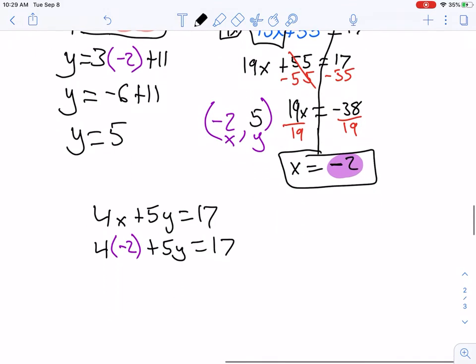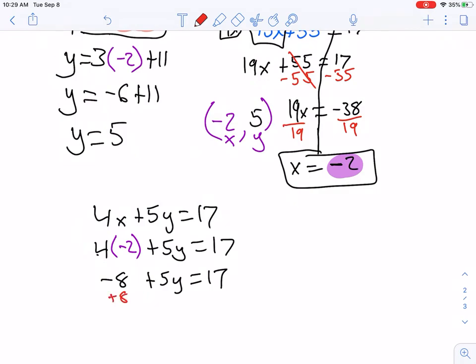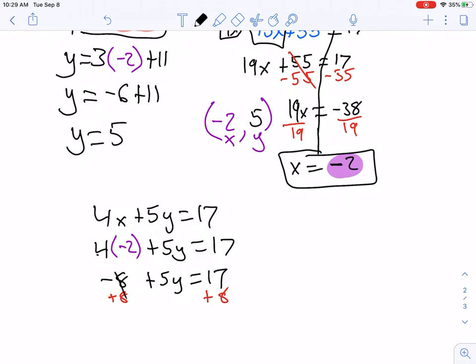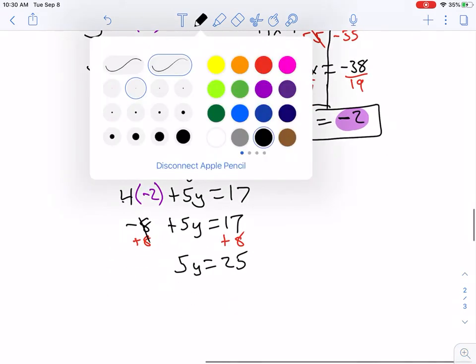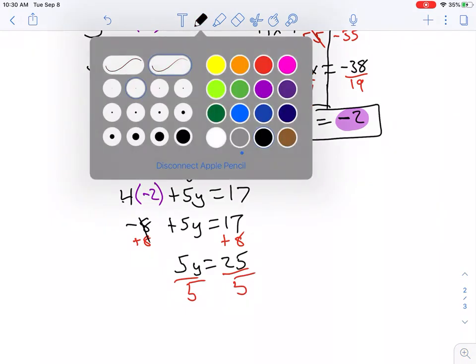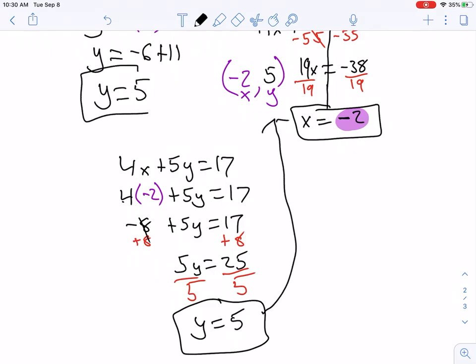It is a little bit more work, so we're doing 4 times negative 2, which is negative 8, plus 5y equals 17. Then we have to add 8 to both sides. So that 5y equals 25. 17 plus 8 is 25. And then we divide 5. And y equals 5. So it doesn't matter, right? Because I got y equals 5 there, but I also got y equals 5 here.